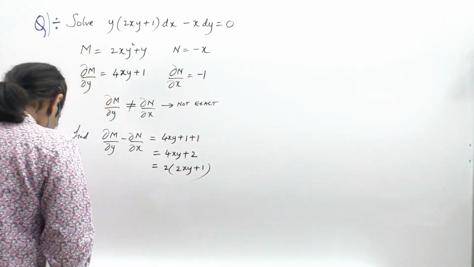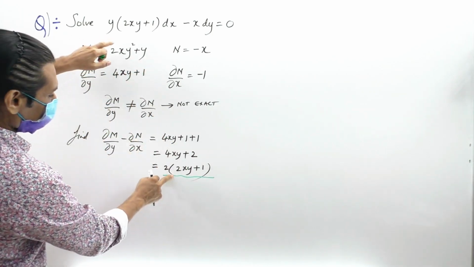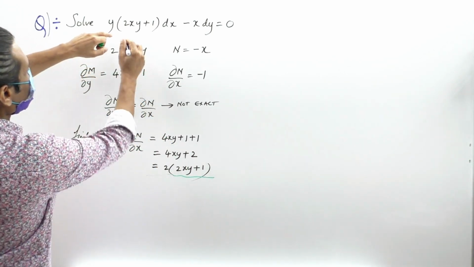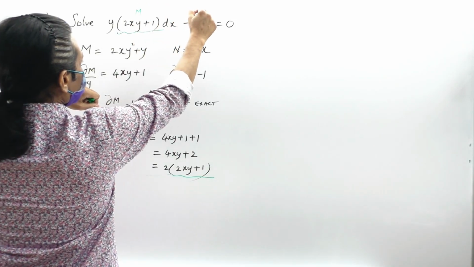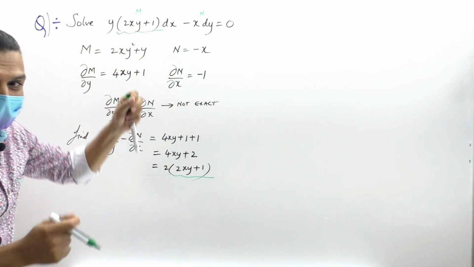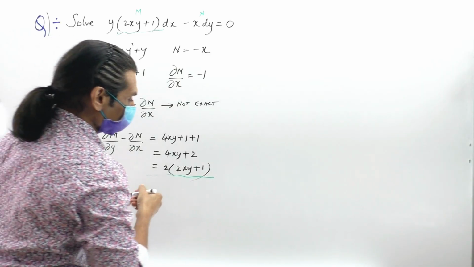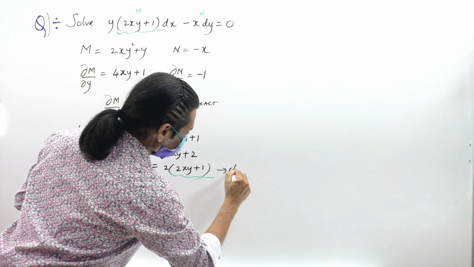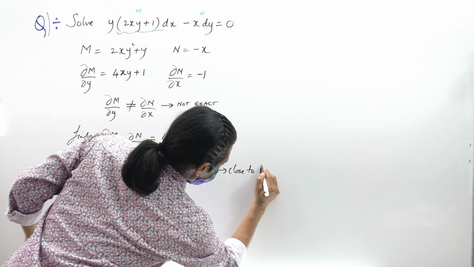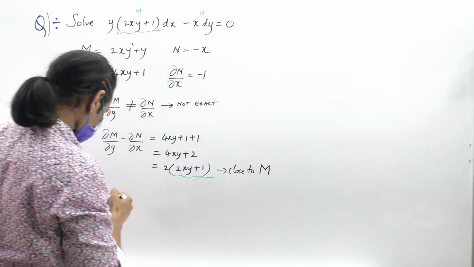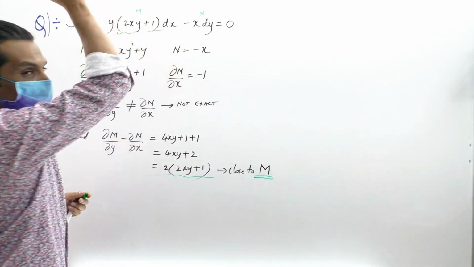Now, seeing the question, you can easily check whether it is closer to m or n. See, 2xy plus 1 here, here also we have 2xy plus 1. So, this is m and this is n. Definitely it matches m, so it is closer to m.